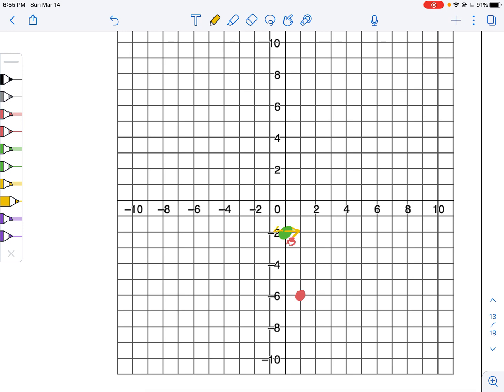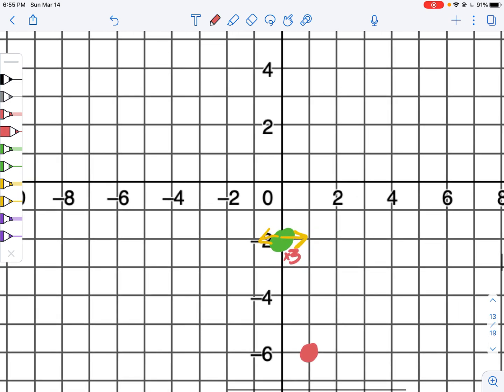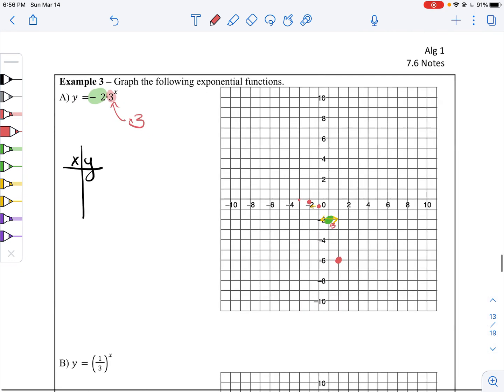We can go back 1, divide by 3 to get -2/3. And then we'll go back 1, divide by 3, 2/3 divided by 3 is 2/9. Well, negative 2/9. And then we just keep getting closer and closer to 0. But from the other way, how fun is that?